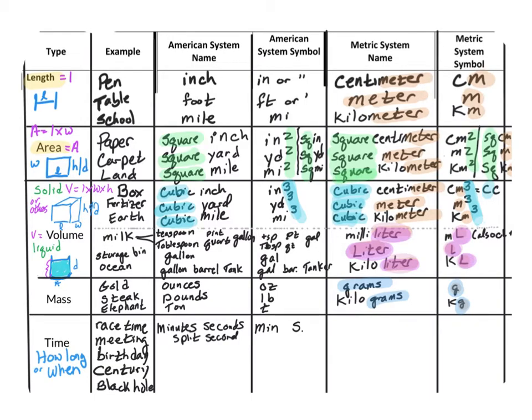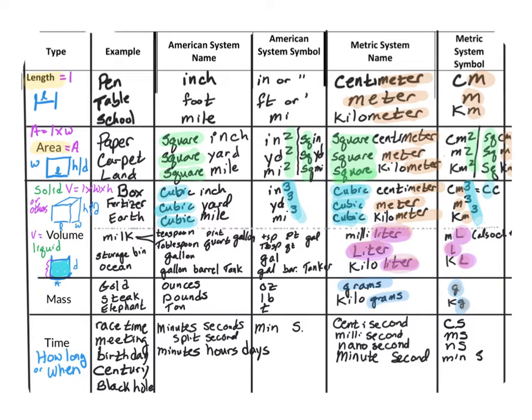The metric system allows us to use smaller measurements commonly. So we might say how many minutes or seconds, the same as we did in the American system, but rather than saying split second, we might say centiseconds, milliseconds, or even nanoseconds. Your next meeting might be in a few minutes, maybe a few hours, maybe a few days.